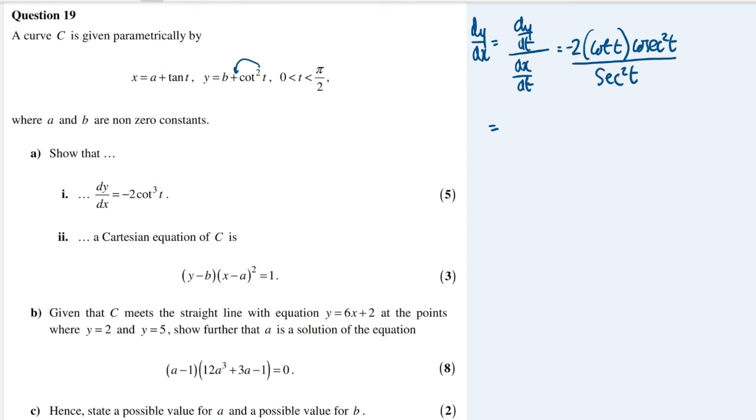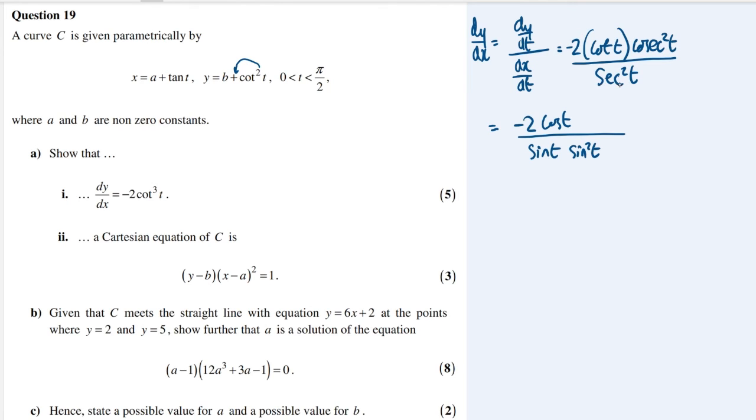Next, let's write these all in terms of sines and coses. So we've got minus 2. Cot is 1 over tan, so that's 1 over sine over cos, so that's cos over sine. So it's cos on top and sine on bottom. Cosec is 1 over sine squared, so that's sine squared on bottom.